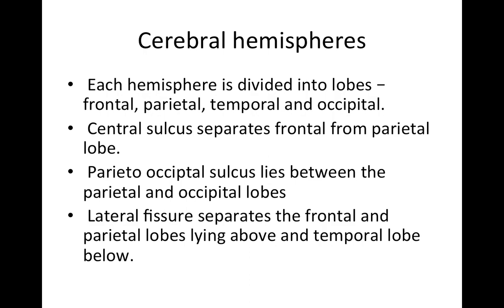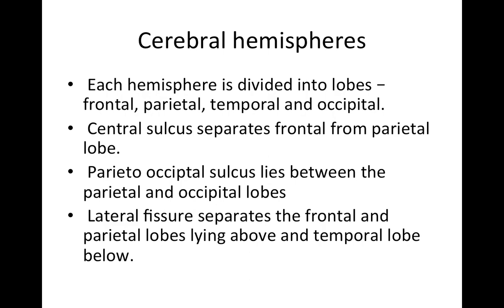Each hemisphere is further divided into lobes. They are frontal, parietal, temporal, and occipital. We talk about the borders of each lobe, functions of each lobe, and the blood supply. So, for example, the central sulcus separates the frontal from the parietal lobe.